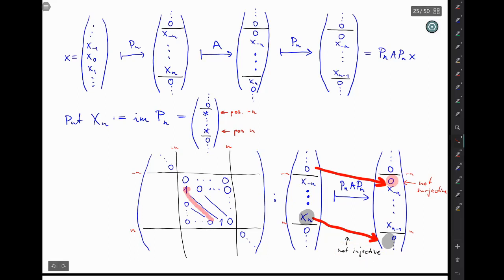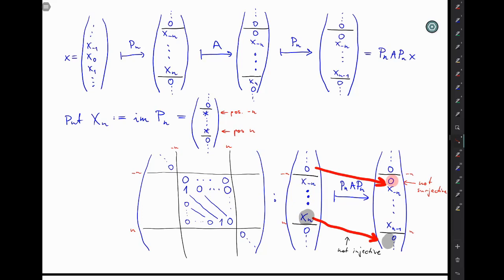It's just the ones down here. And obviously the first row has no pivot, which corresponds to this loss of surjectivity here. And the last row has no pivot, which means this data in the last position is getting lost. So injectivity is lost. And obviously both these problems don't go away when you make n bigger.